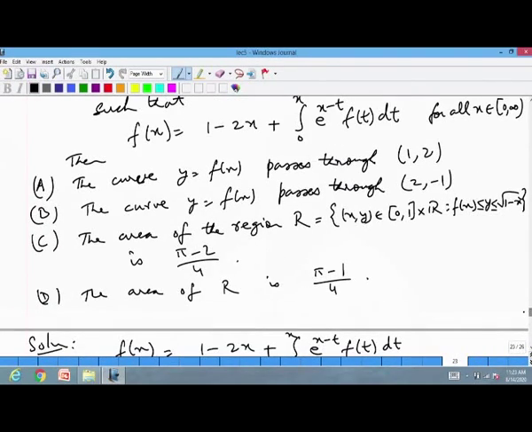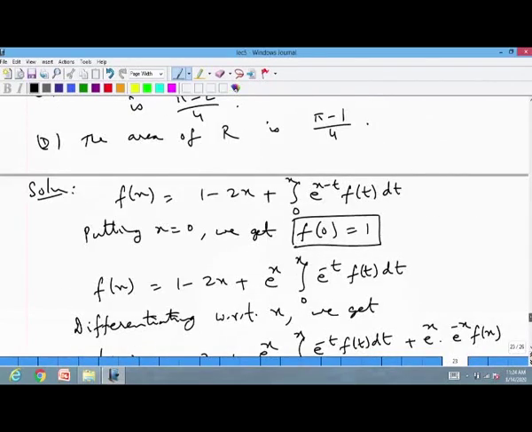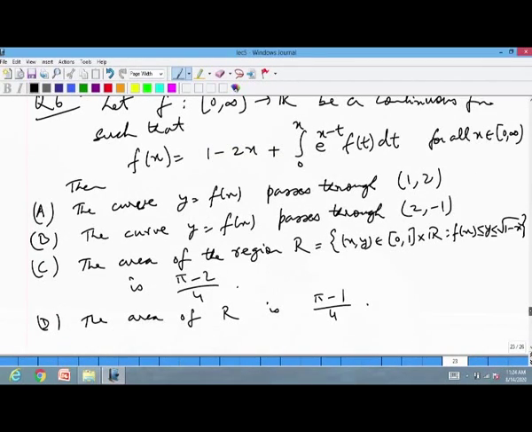So, the first option says that the curve y equal to f x passes through the point 1 comma 2. So, what is f of 1? F of 1 will be 1 minus 1 equal to 0. So, the curve passes through the point 1 comma 0, not 1 comma 2.